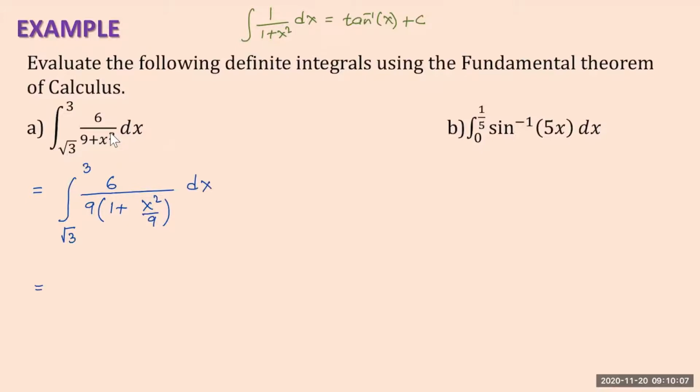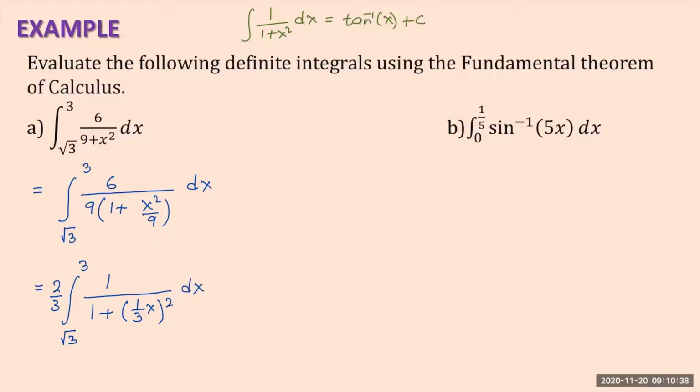That is equal to the integration from square root of 3 up to 3. 6 over 9, which is the same as 2 over 3, is a constant. I can take that outside the integral. So 2 over 3 outside the integral. In the numerator, I have 1. Now in the denominator, I have 1 plus x squared over 9, which is the same as 1/3 x quantity squared, dx.